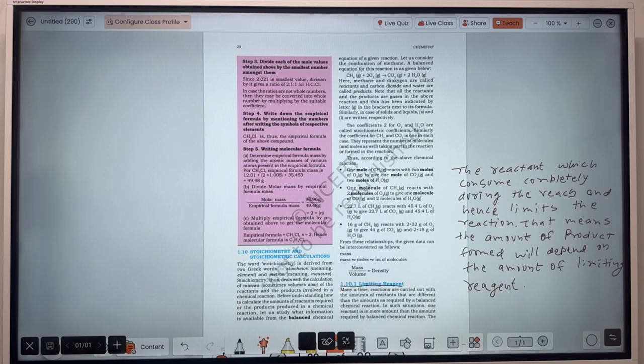The more numerical questions you solve, the clearer your concept will be. So I shall solve a few questions.